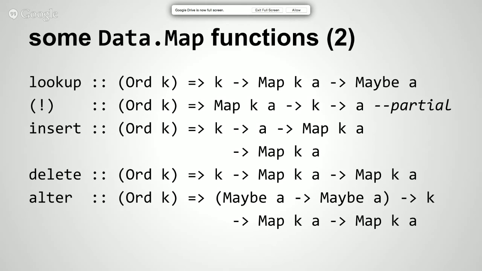Or in this case, you can tell: if you know that a map can be empty, then you know that it's partial, because you can have an empty map.